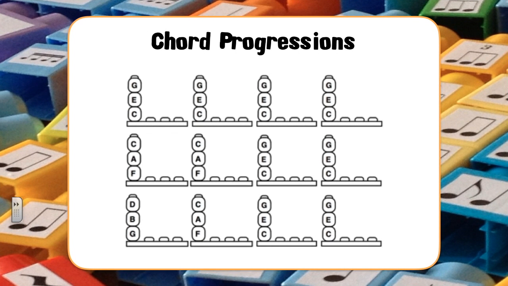Finally, beat blocks can help you talk about chord progressions. Here you see the 12-bar blues represented with chords stacked on the downbeat. Now the first thing we'll do when studying this is we will analyze where do the chords happen. The red chord tones, which is our C chord, happens a lot.